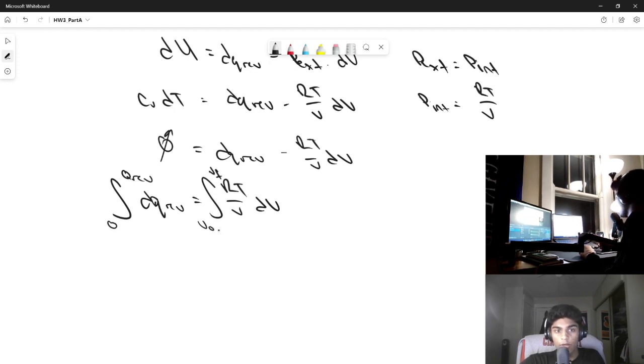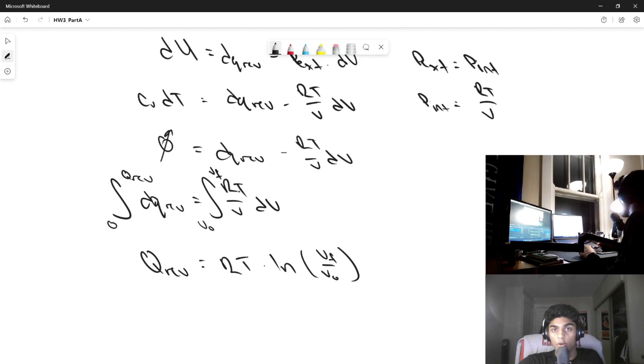And so when we go ahead and do this, we get that Q reversible for our isothermal expansion or compression is equal to RT times the natural log of the final volume over the initial volume. And this happens because R and T are going to be constants, and it is 1 over V, so essentially it is just going to be this natural log function that we have here.